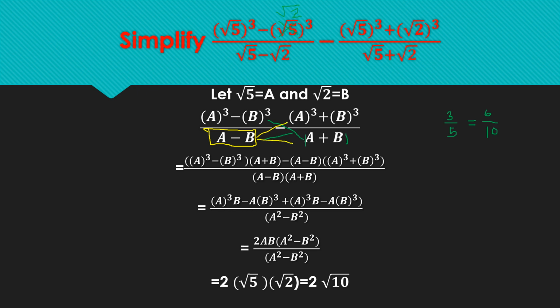Then we will be derived with A minus B, A plus B. I hope you understood that I have to multiply the denominators together. Then the A plus B, I take here, A plus B, then I take to the numerator here. A minus B, I take to this numerator here.